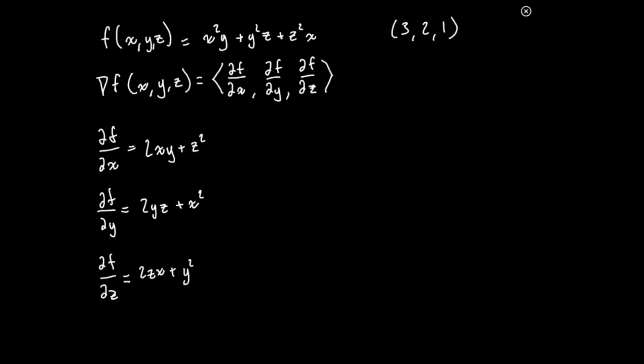So we take this guy right here and we plug it in here. And that's going to come out to, well, the first one is plugging 3 into the partial derivative of f with respect to x. So that's going to be this function right here. So it's going to be 2 times, well, what's our x value? 2 times 3 times our y value, which is 2, plus z squared, so 1 squared.